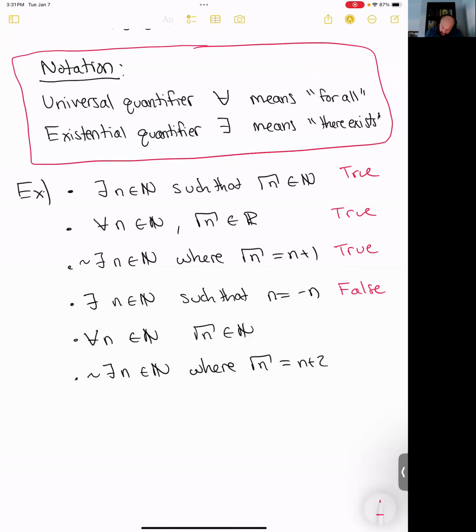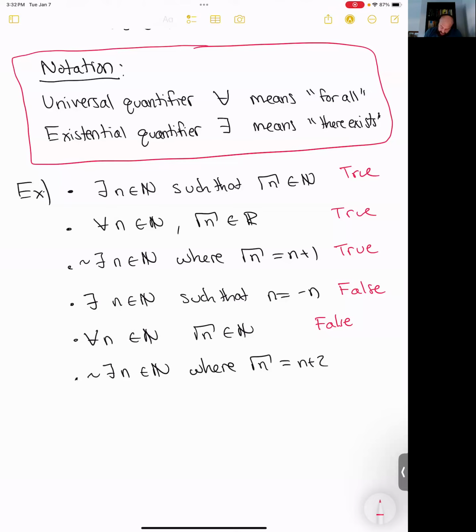The next one: for all natural numbers, square root of n is a natural number. Now this is false because it's saying for all natural numbers. Sure, the square root of 4 is a natural number, but the square root of 2 is not, right? So it's not true that for all natural numbers, the square root of that thing is a natural number.